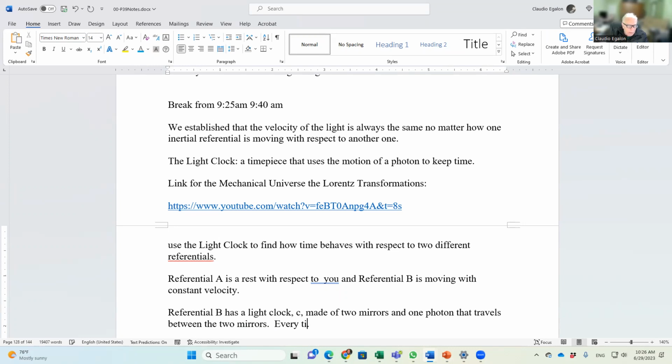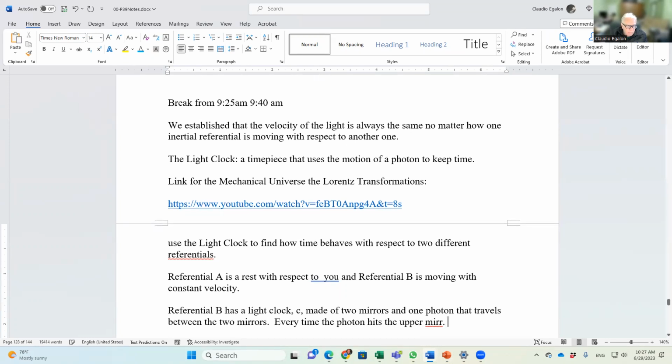Every time the photon hits one of the mirrors, the upper mirror, you hear a tick.